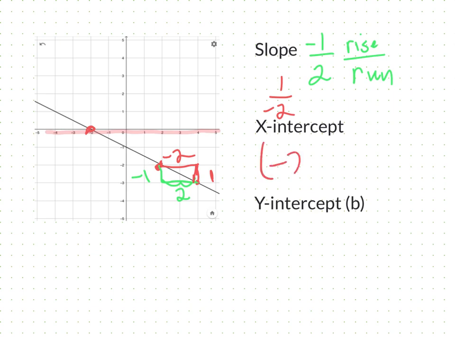So that would be -2, 0. My y-intercept, there's my y-axis, and it crosses right there, which would be 0, -1. Okay, so those are slopes, x-intercepts, and y-intercepts.